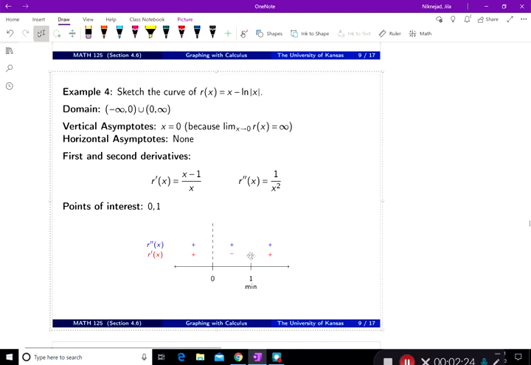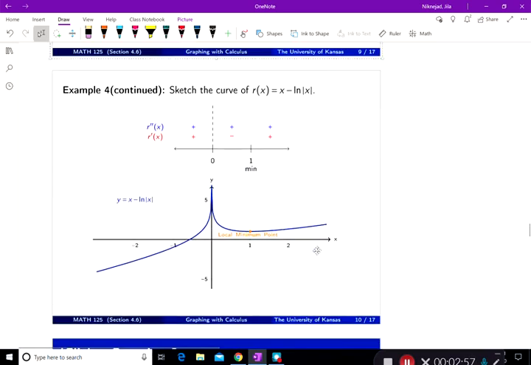So positive for r prime on both sides, and the sign changes as we jump over 0, and changes again as we jump over 1. For 1 over x squared, the sign does not change. When you pass over x equal to 0, it always stays positive because 1 over x squared is always positive. So the second derivative is always positive. Concavity is always upward.